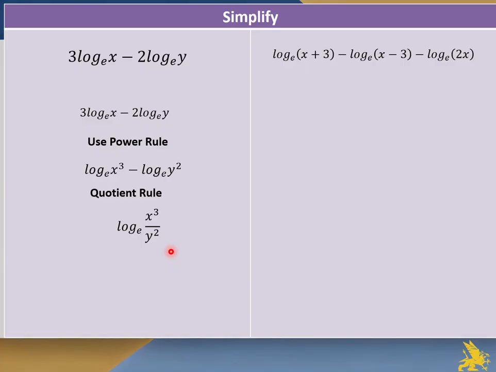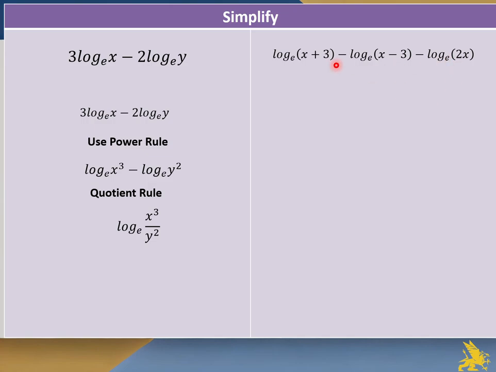Let's look at the next one. We've got log base e x plus 3, take away log base e x minus 3, and then take away log base e 2x. So this is where we are going to use this quotient rule. I'll do the first two, and then I'm just going to write the next one with not a fraction.